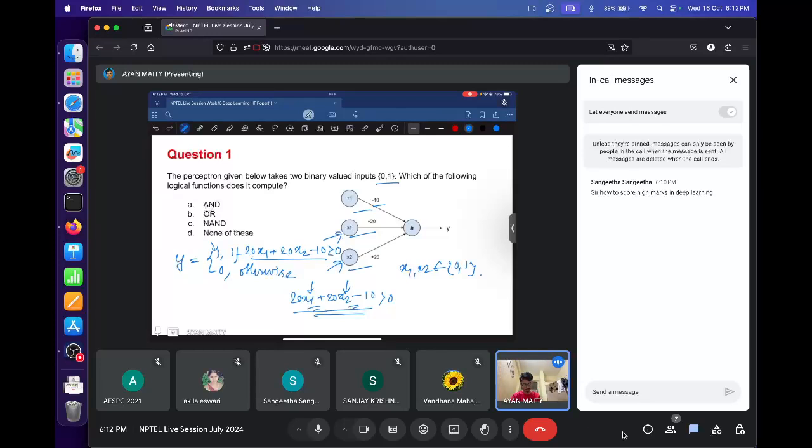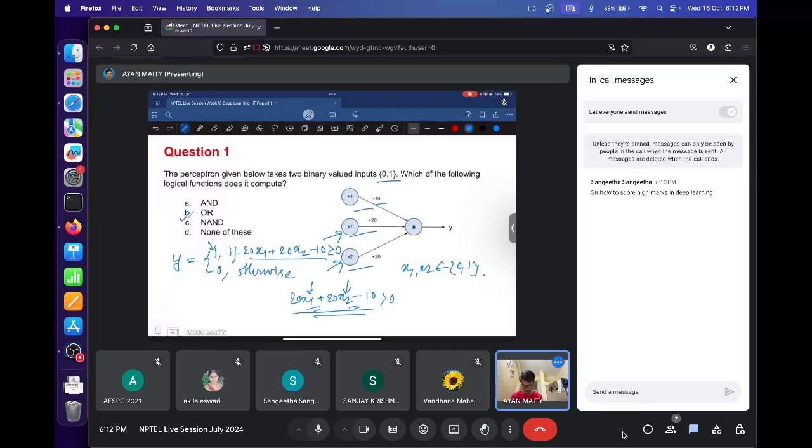The same thing is happening in this perceptron: when at least one of x1 and x2 is 1, then y is 1, otherwise y is 0. So it is actually computing the OR gate.